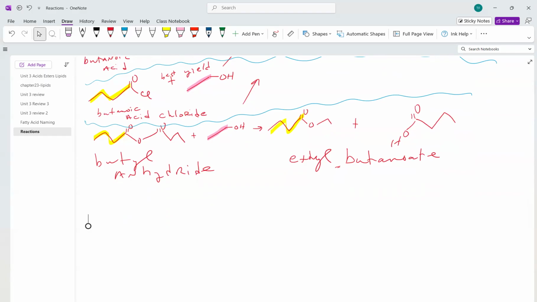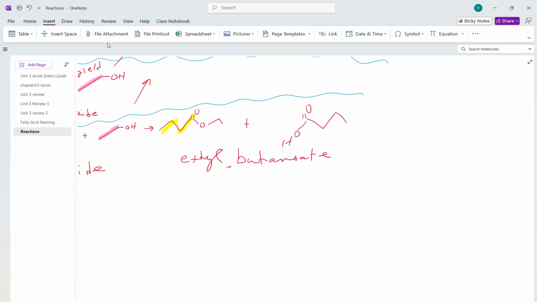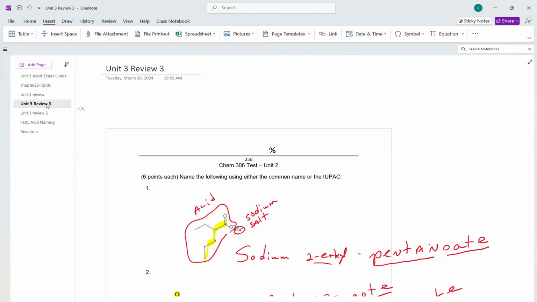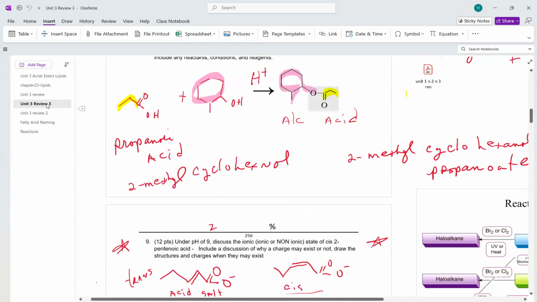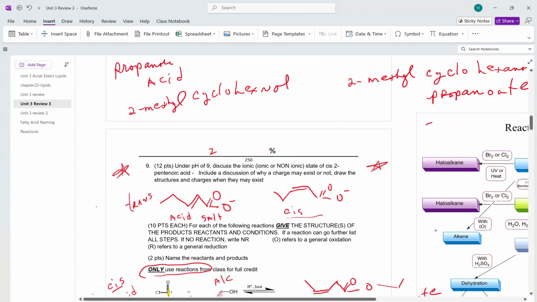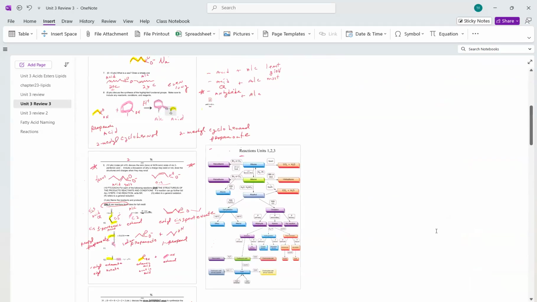Now, it's real important to look at your flow chart.